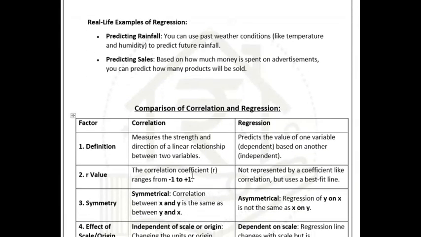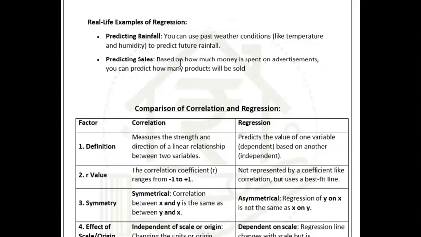A real life example of regression is predicting rainfall. You can use past weather conditions like temperature and humidity. If humidity changes, and if there is this much humidity, then rainfall will be there. You can predict from the past data.